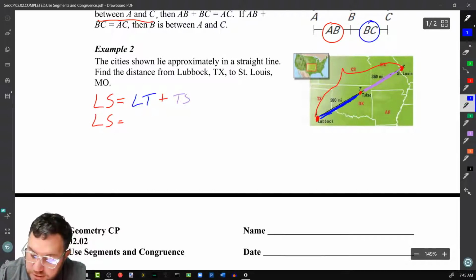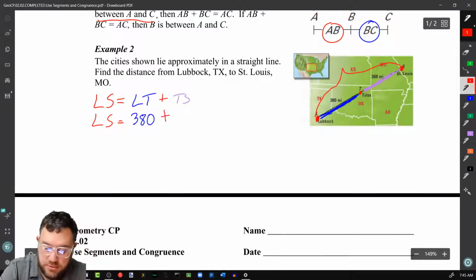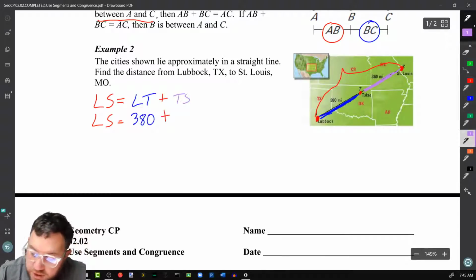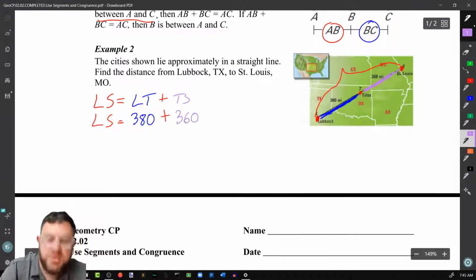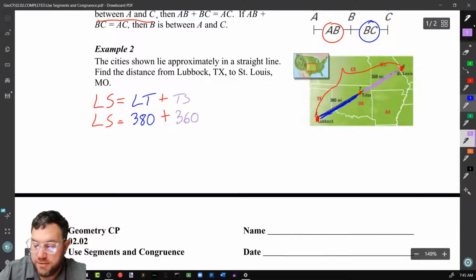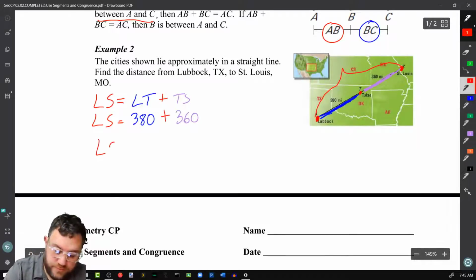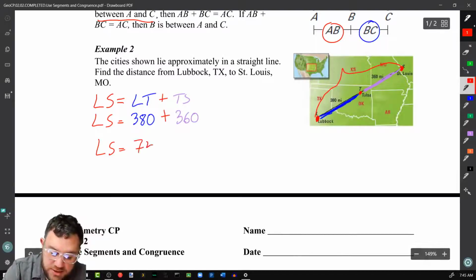We don't know what LS is, so we'll leave it like that. We know LT is 380 miles, and we know TS is 360 miles. It might be hard for you to see on your paper. That's 380 and 360. So if we add those two together, we get 740 miles.